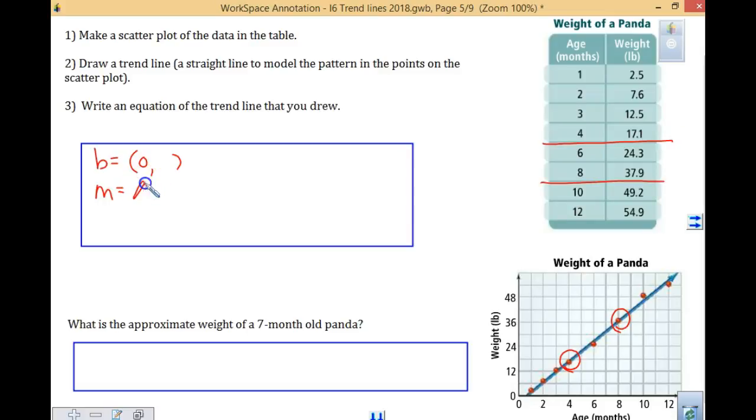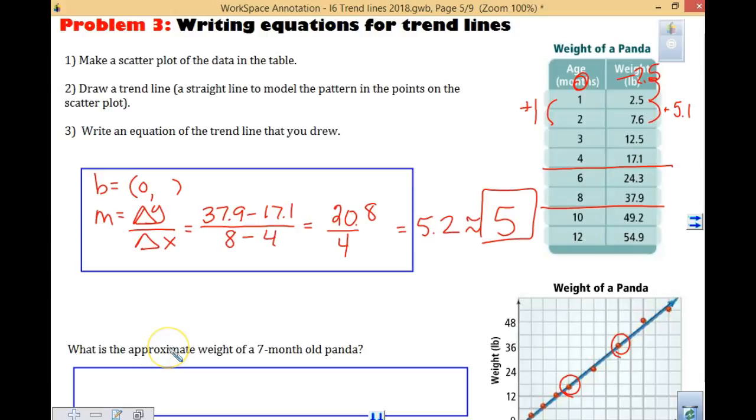Remember, slope is the change in y divided by the change in x. If you don't have a calculator, I'd like you to grab one right now. We are going to take our y values, 37.9 minus 17.1. Our x values were 8 minus 4. That gives 5, and the y-intercept is negative 2.5.